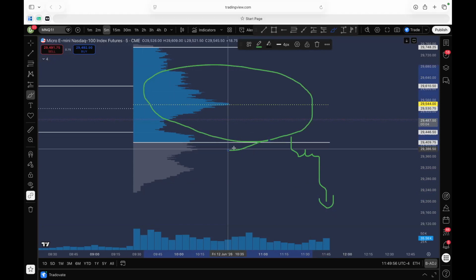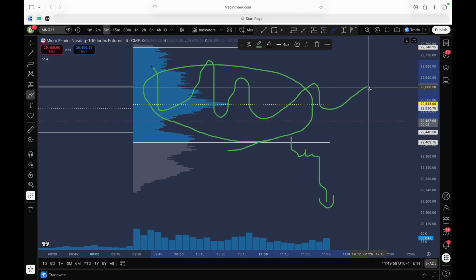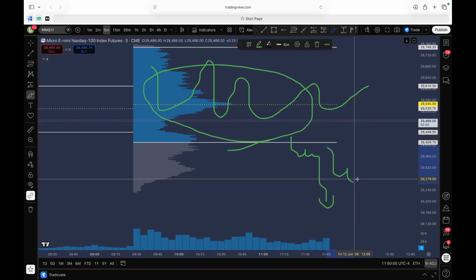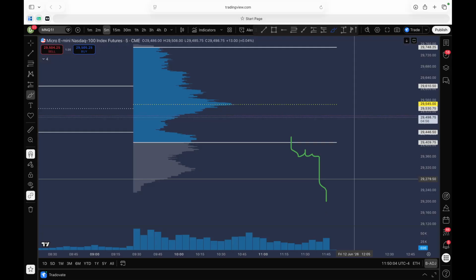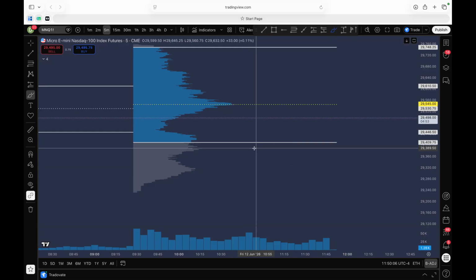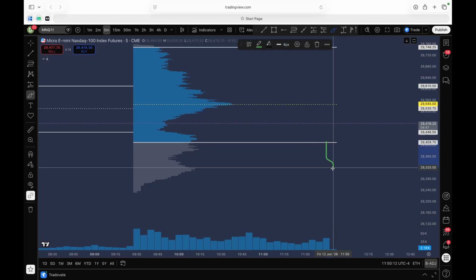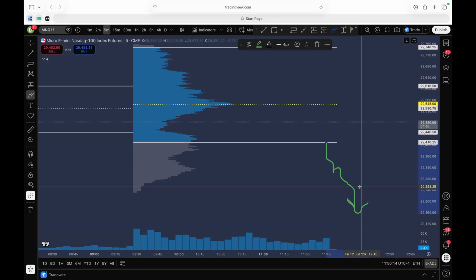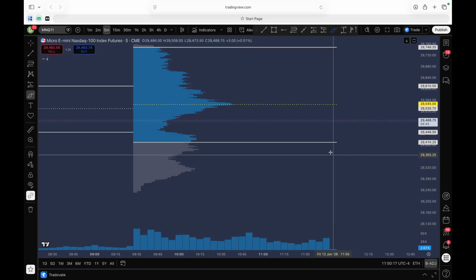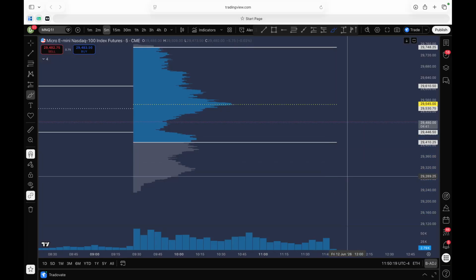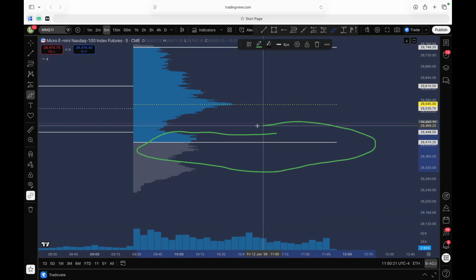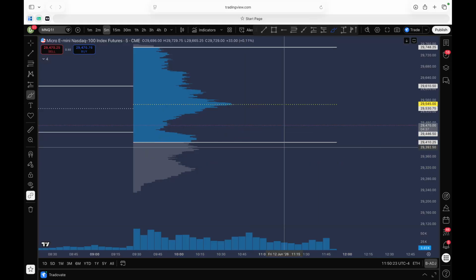If this is where 70% of all trading happened, if you're outside of here, you're in the 30% range of where trading happened. So you're outside of the norm. It doesn't mean anything specific. It could just be price trying to discover new value, or it's just testing and grabbing liquidity. Either way, it's just an indication of something to look out for.